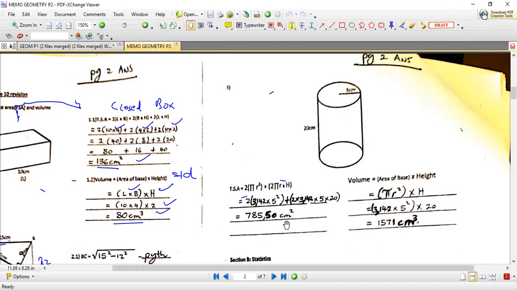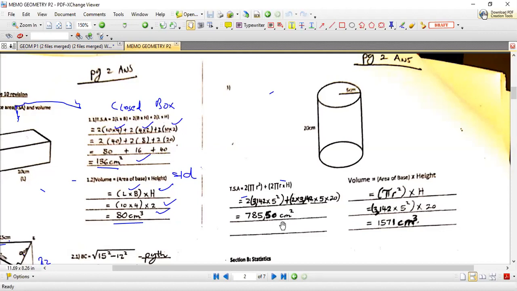Good. So now let's look at calculating the volume. As we stated previously, the volume of any object is equal to area of base times height.